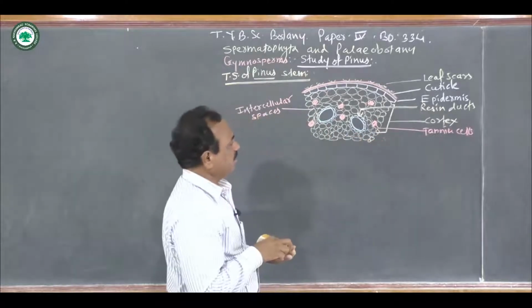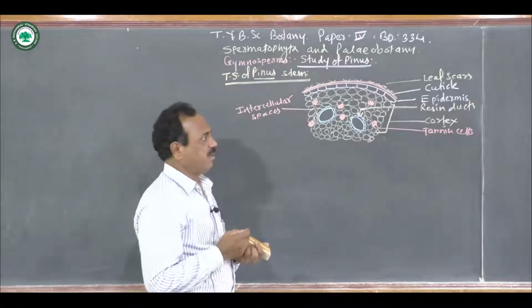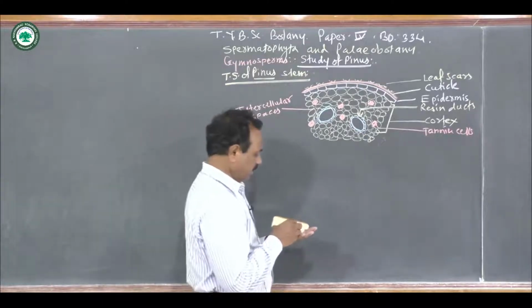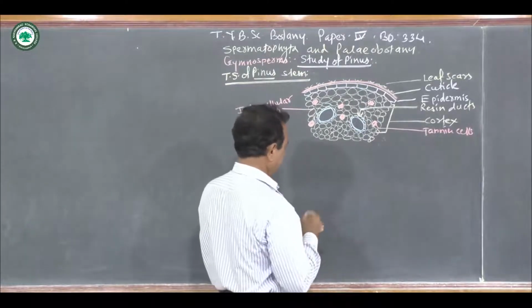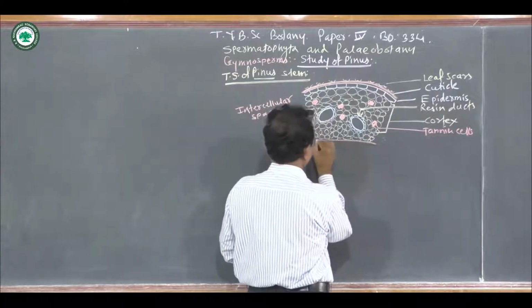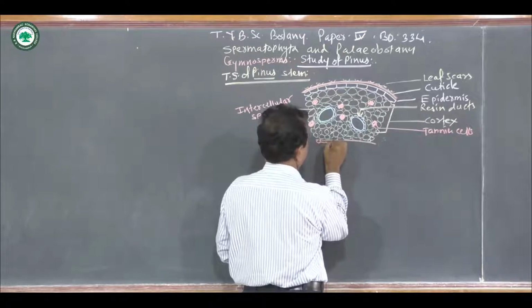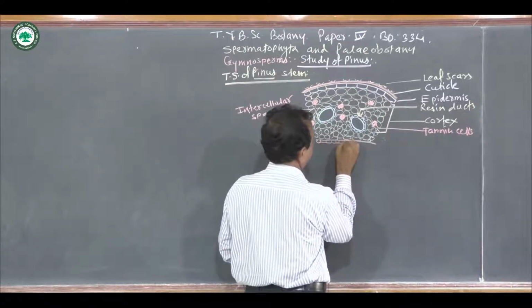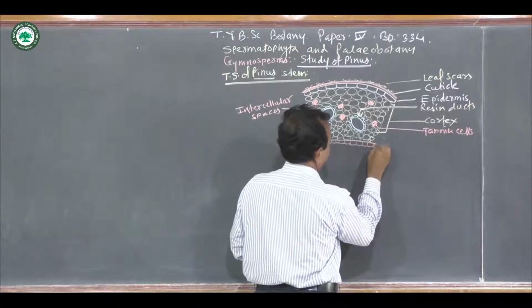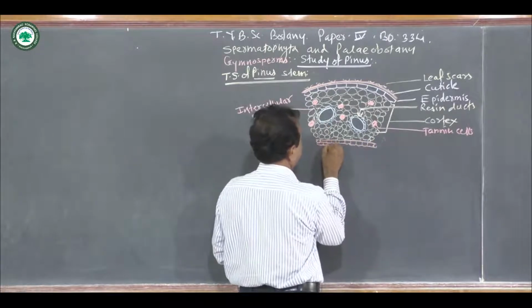So this is the multi-layered cortex, and inner side to this there is a presence of the primary xylem. The cells of the primary xylem, as the name indicates, are dead and lignified.